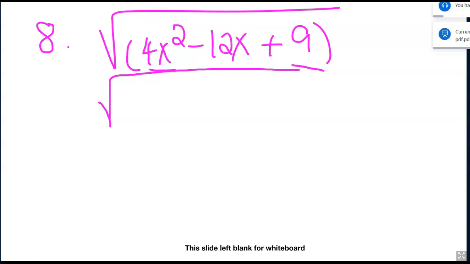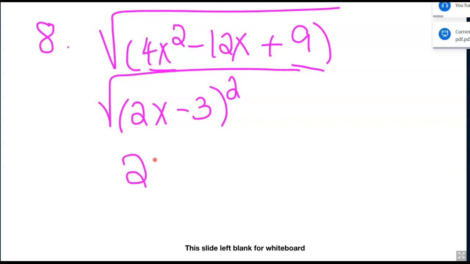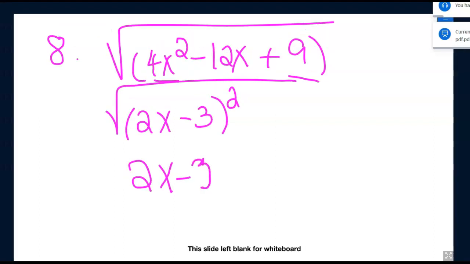So it factors as 2x minus 3 times 2x minus 3, or 2x minus 3 squared. And we know that the square root of a square cancels them out. And you get 2x minus 3.